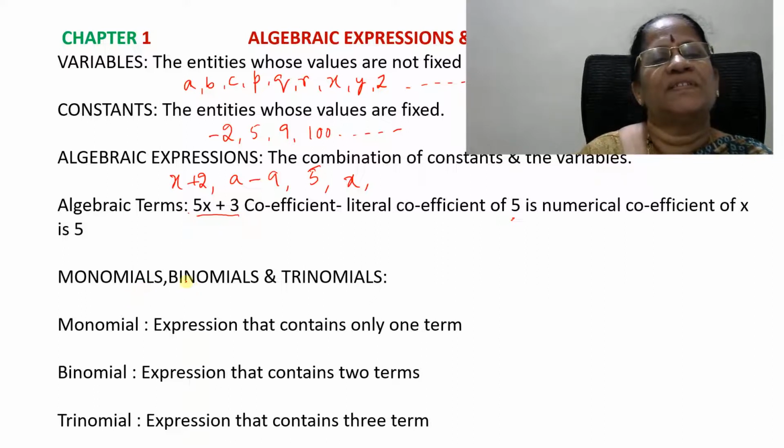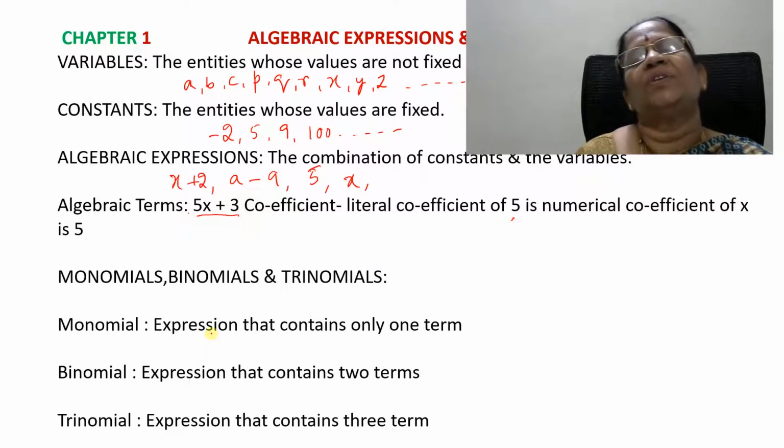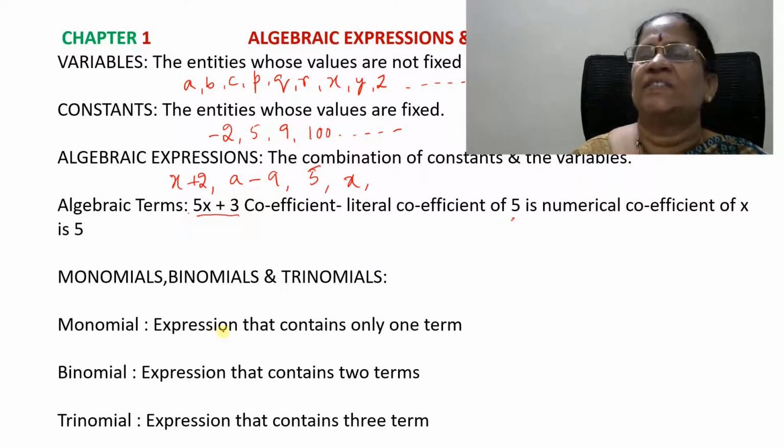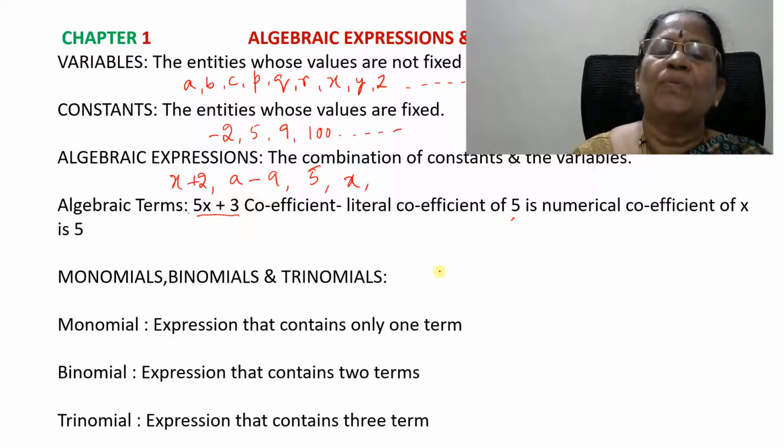Next, monomials, binomials and trinomials. Depending on the number of terms the algebraic expression has, we will decide whether the given expression is a monomial, binomial or a trinomial. A monomial is one which contains only one term. For example, 3xyz.